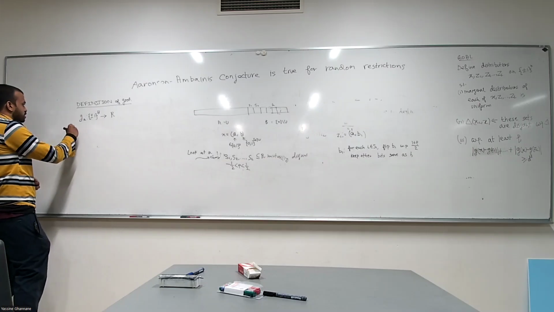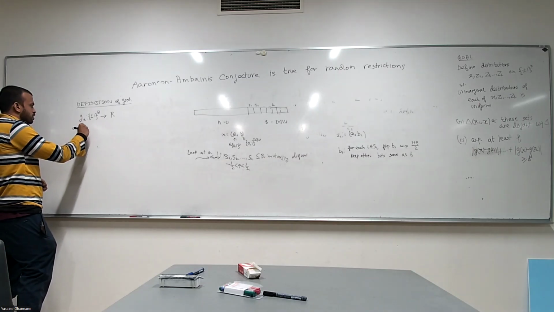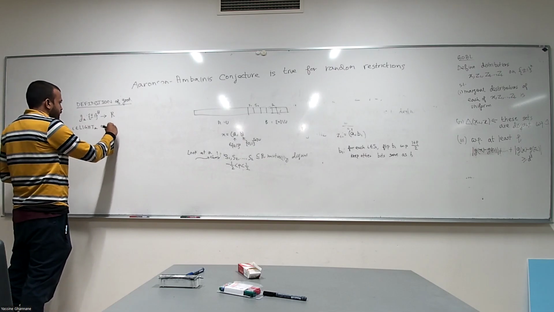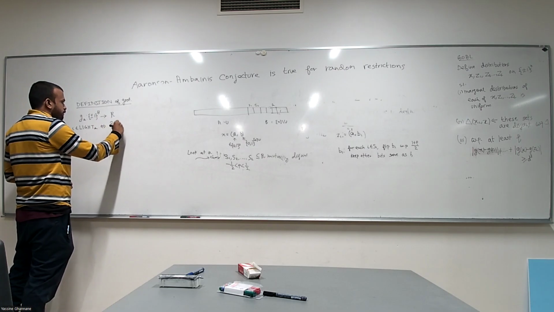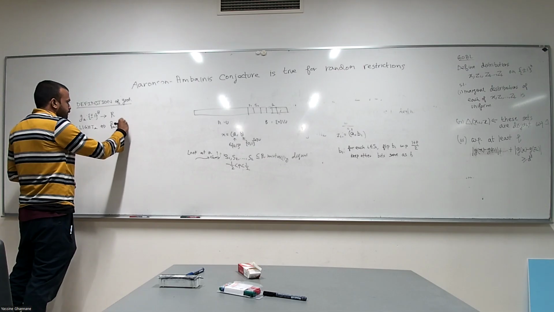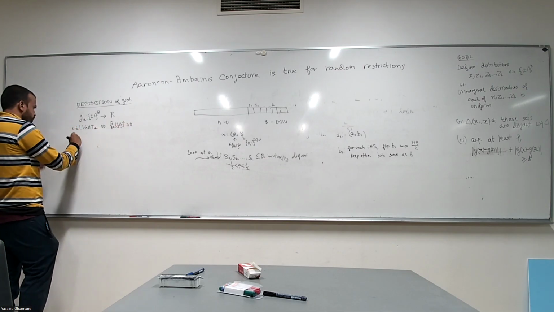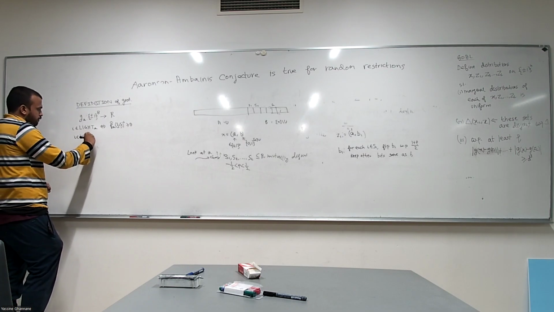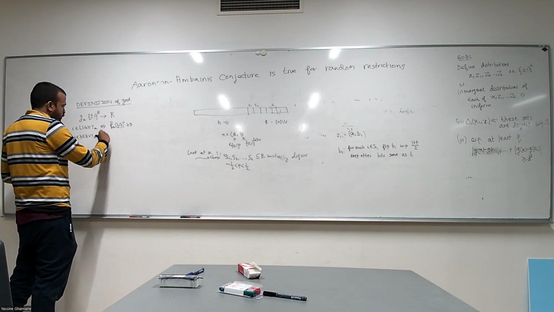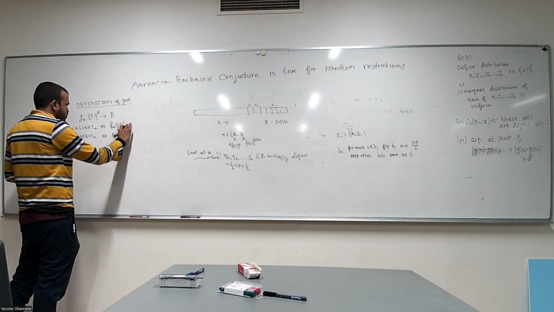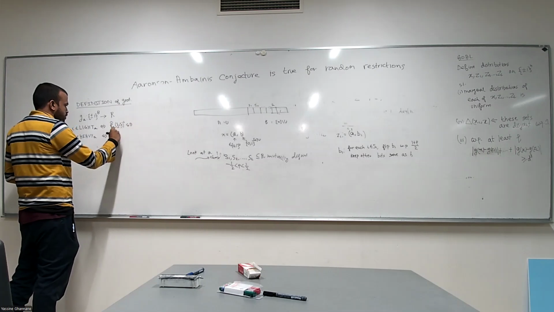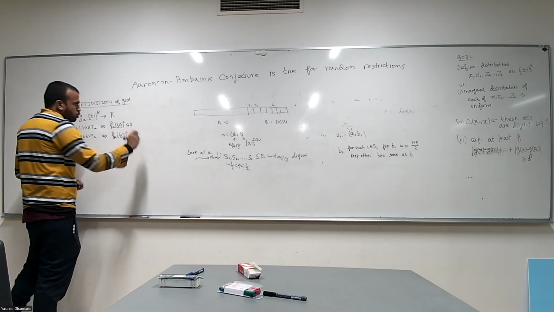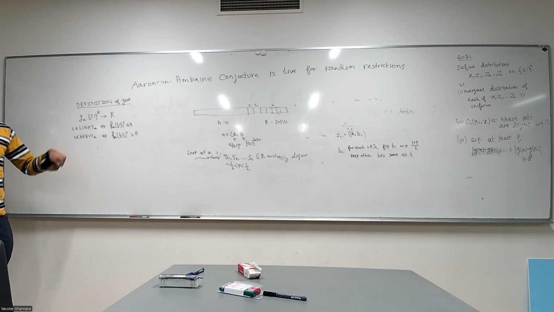Otherwise, we call it light. So we classify the coordinates according to whether they are light or heavy.